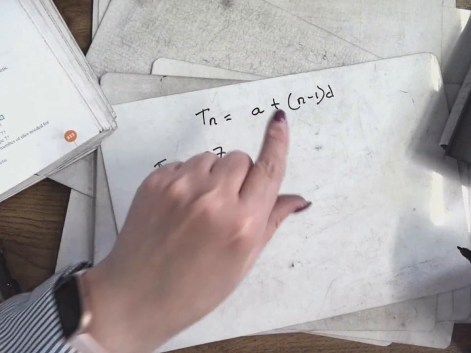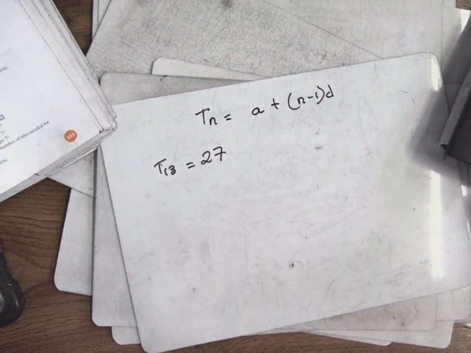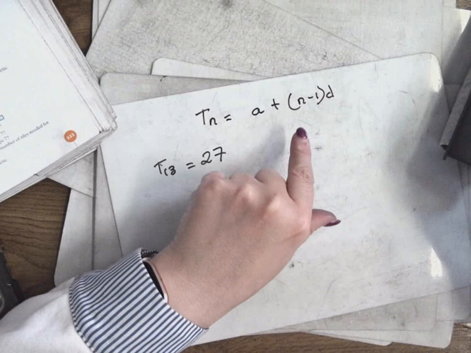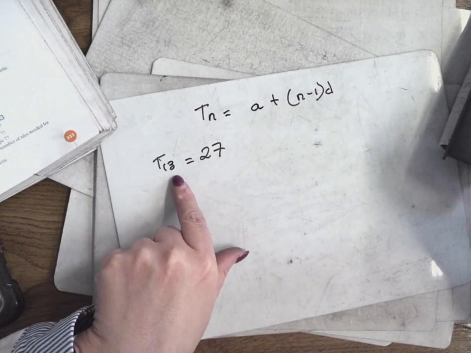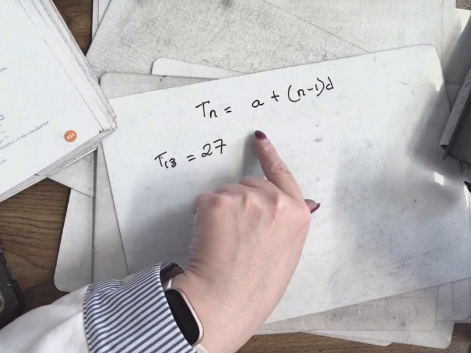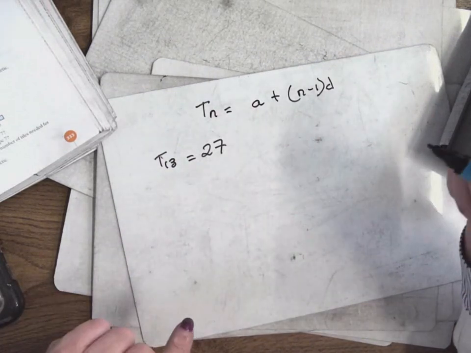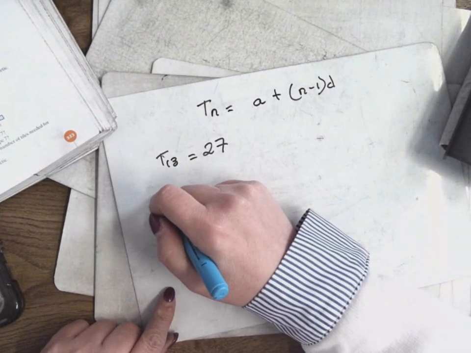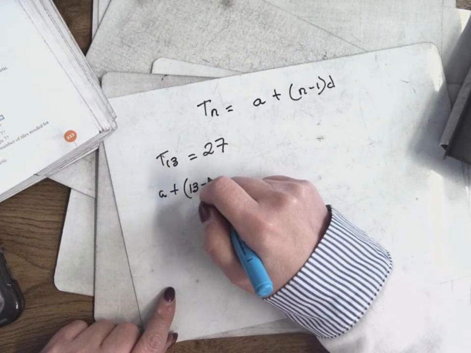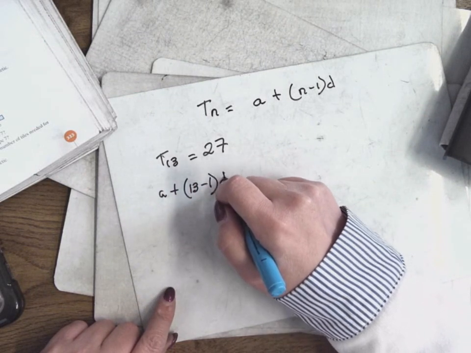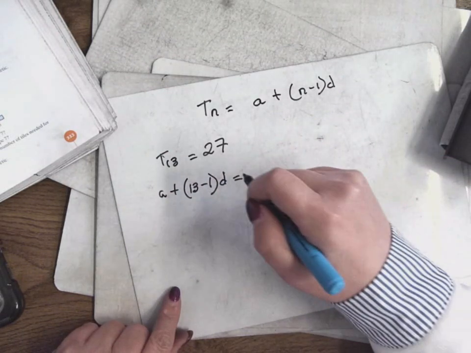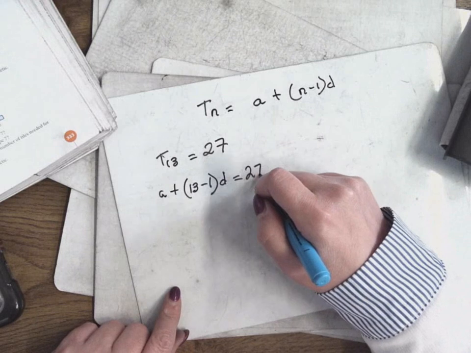I can't fill in A, because A is term number 1, I don't have it. I can't fill in D, I haven't a clue what it is. But what can I fill in? I can fill in term number 13. I can put in 13 for n, can't I? So it's A plus 13 minus 1 times D. But when I work all that out, what's the answer going to be? 27, because term number 13 is 27.